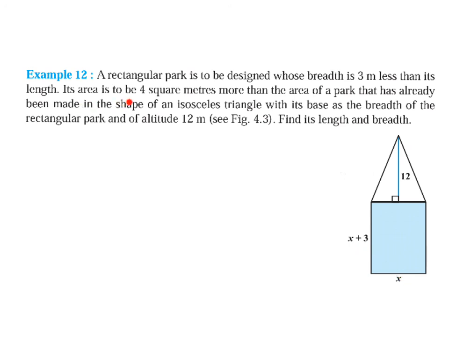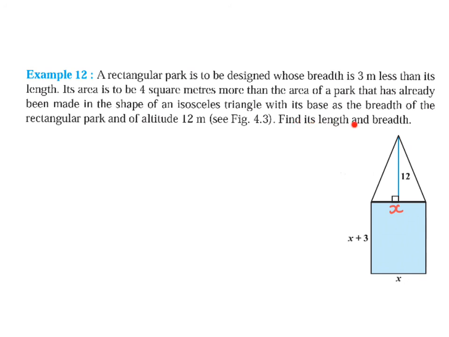Its area is 4 square meters more than the area of a park that has already been made in the shape of an isosceles triangle, with its base as the breadth of the rectangular park. So the base of the triangle is the side of the breadth of the rectangular park, which will also in this case be x. Let's continue our reading.